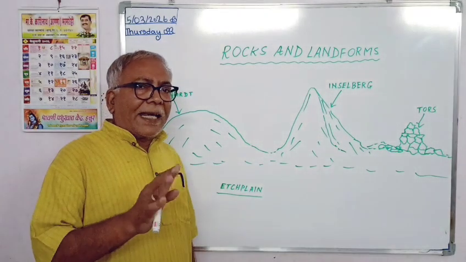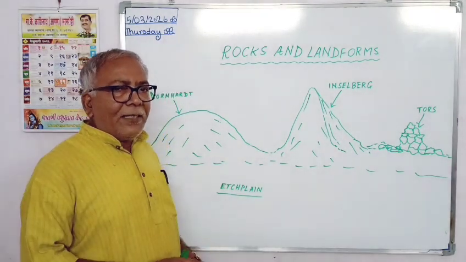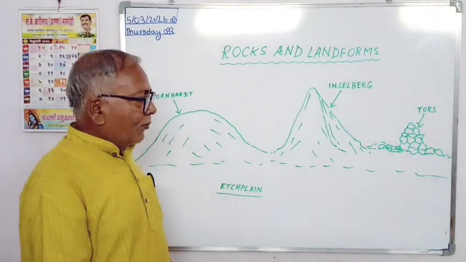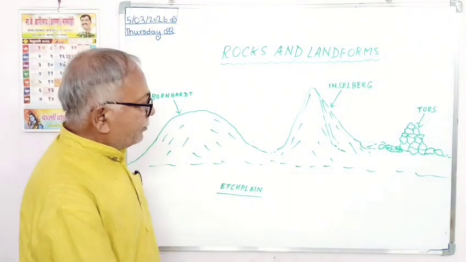So why is it known as the etchplain? Because vertical surface etching was developed and produced.